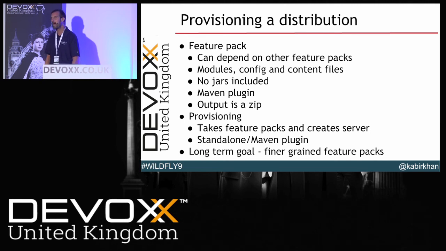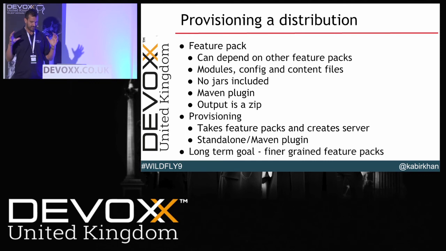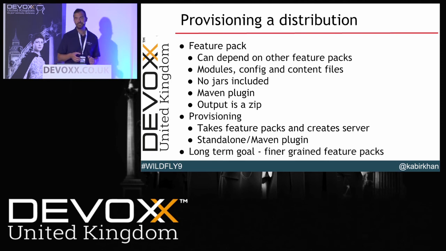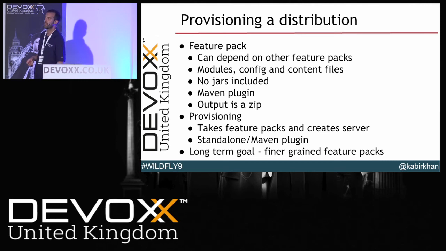So basically, a feature pack is a mixture of modules, which are the jars that your feature needs, or the ones implementing your feature; the configuration, which is basically subsystem snippets, which go into the domain controller profile section of the standalone XML configuration; and content files, which are things like properties files, scripts, and so on.